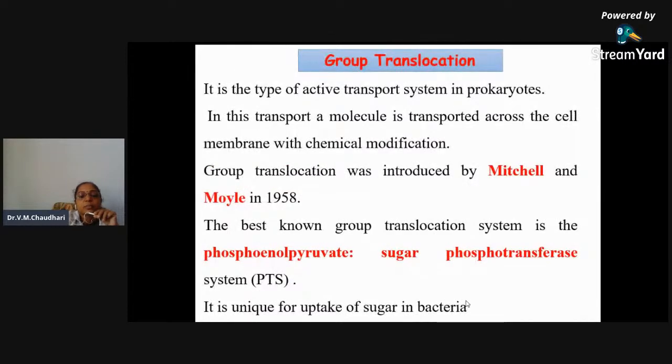The name of this system is phosphoenol pyruvate sugar phosphotransferase system, PTS.